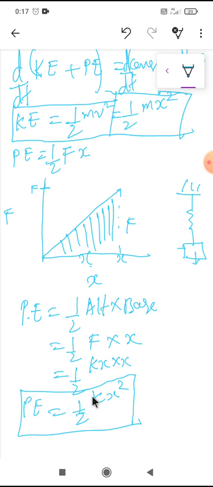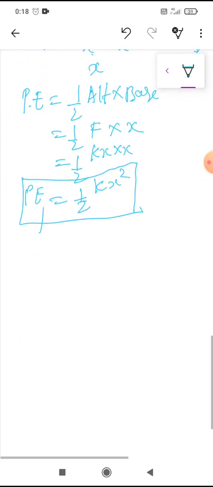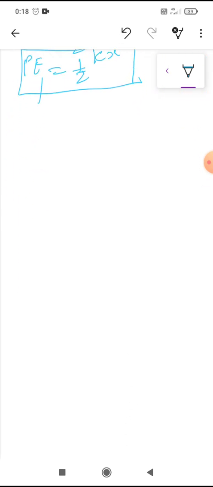We will use both these equations, potential energy and kinetic energy, in this equation: d by dt of kinetic energy plus potential energy is equal to d by dt of constant, that is equal to 0. So let's add the terms.